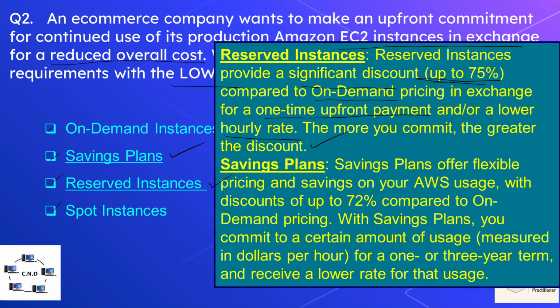And Savings Plans offer flexible pricing and savings on your AWS usage with discounts up to 72% compared to on-demand pricing. With Savings Plans, you commit to a certain amount of usage, measured in dollars per hour, for a 1 or 3 year term and receive a lower rate for that usage. So these are the two correct options, Savings Plans and Reserved Instances.